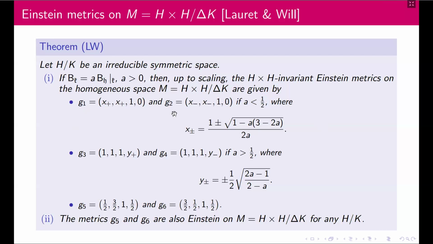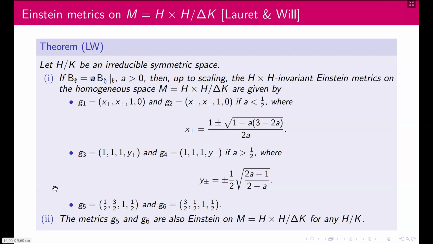These metrics are diagonal, x4 is equal to 0, and they exist when A is less than 1/2. A is this factor here concerning the Killing forms. And if A is greater than 1/2, they obtain non-diagonal Einstein metrics, given by these equations.